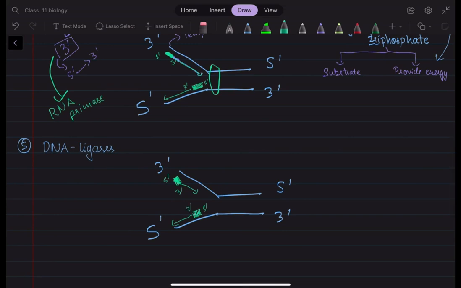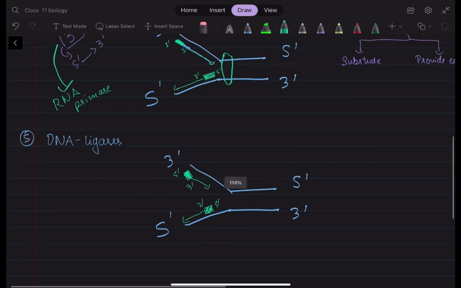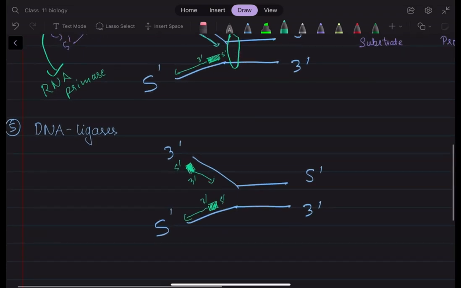As we have just assumed that it has uncoiled a bit more part. So now we know that as substrate nucleotides have been added, our new 3' end will be formed over here. And in this case, our new 3' end will be formed here.